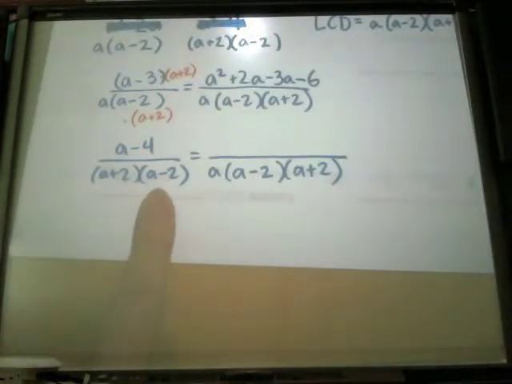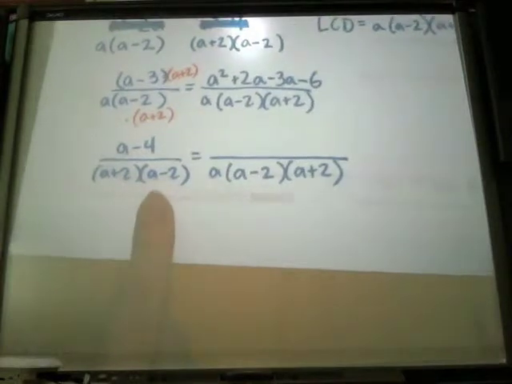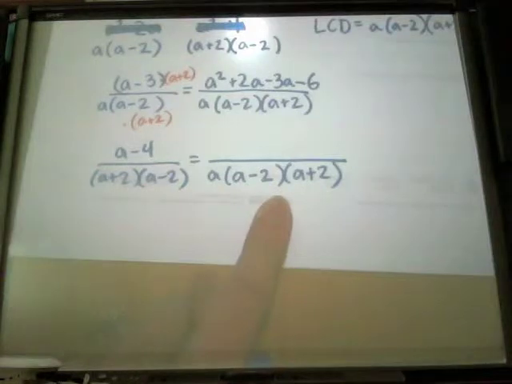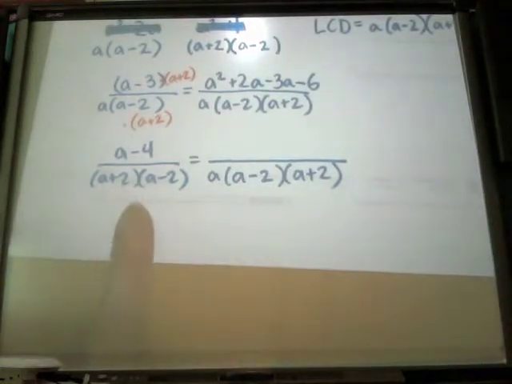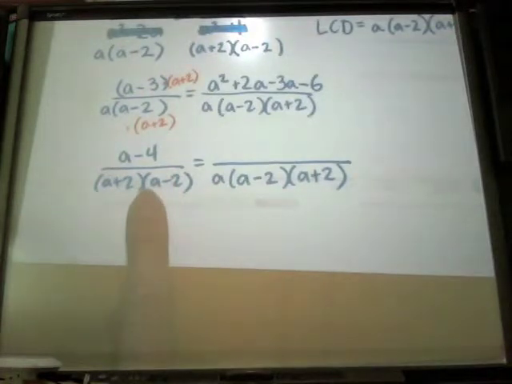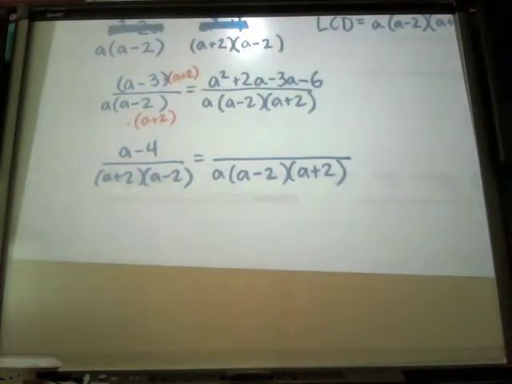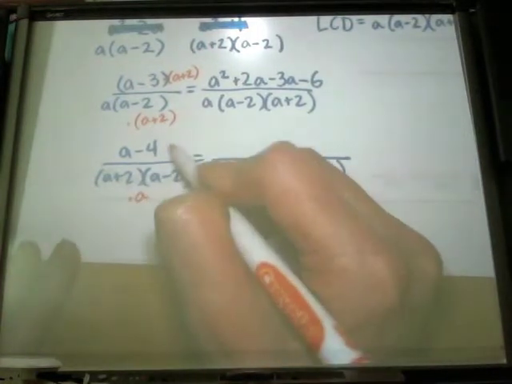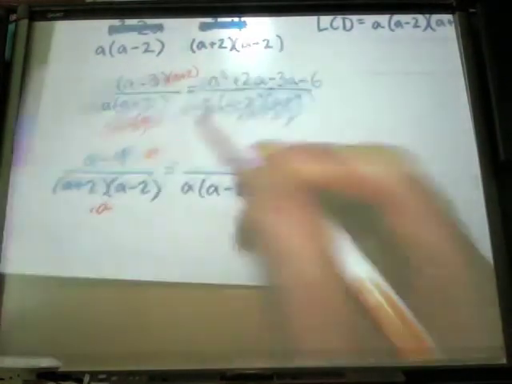No foiling here. After we set it up like this to convert it from the original fraction to one with its LCD, we just look and say, how do I get from this first denominator to the second one? What do I need to multiply this by to make it look like this? Jim? Yep, this plain little a is the only thing that's missing. So I'm going to multiply by a.